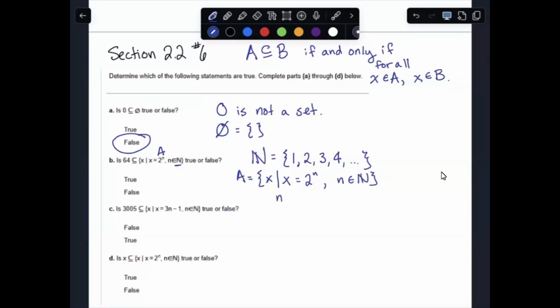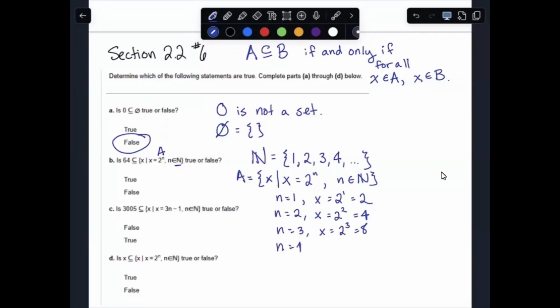When N equals 1, X will be equal to 2 to the 1, which is just 2. When N equals 2, we'll have X equal to 2 squared, which is 4. When N equals 3, X will be equal to 2 cubed, which is 8.